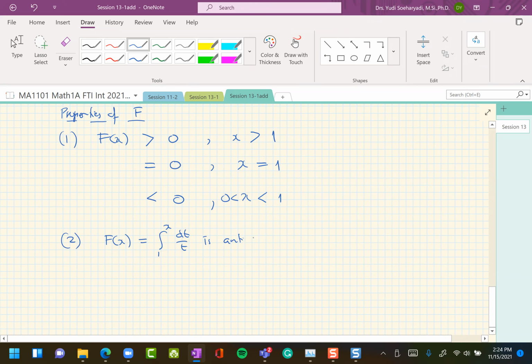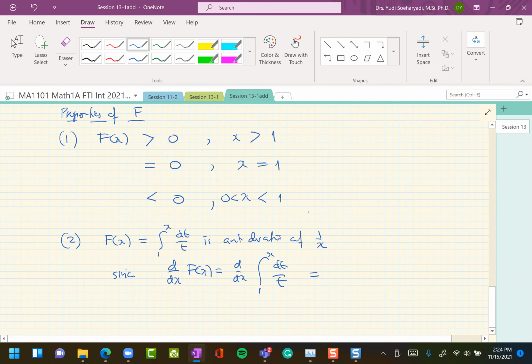Okay. So f is an antiderivative of 1 over x. Why? Because if you take the derivative, d/dx of the integral of 1 over t, by the fundamental theorem of calculus, the first one, you see that the lower bound is the constant 1, the upper bound is the variable itself.